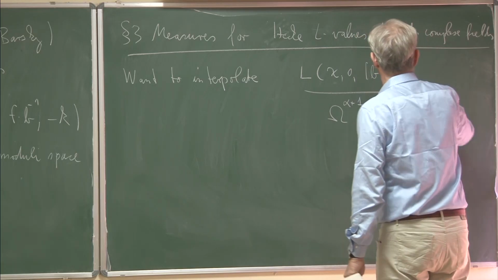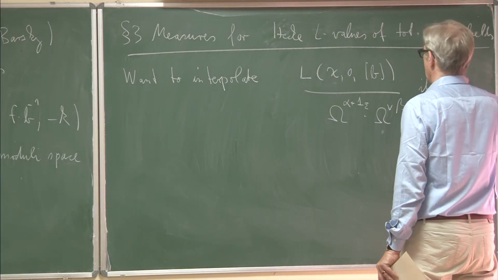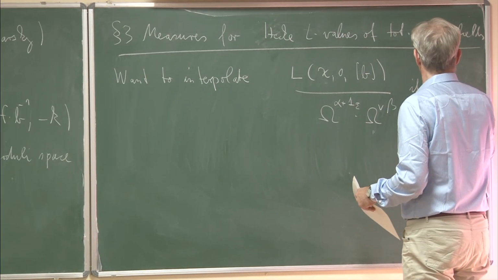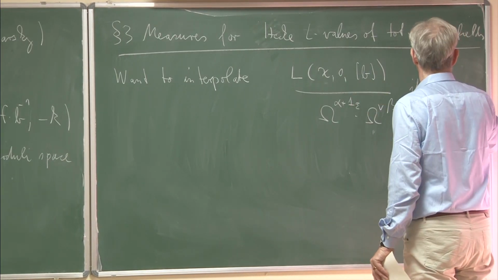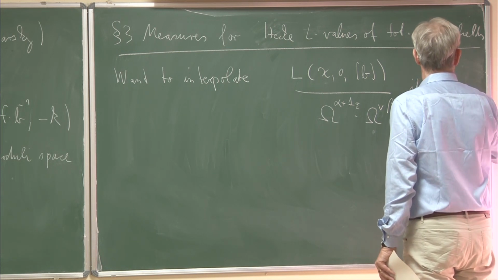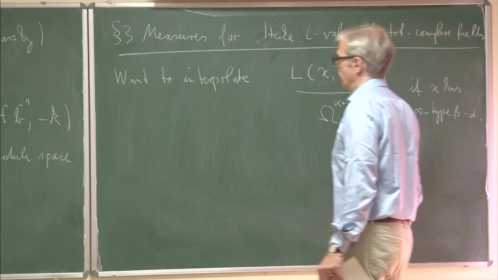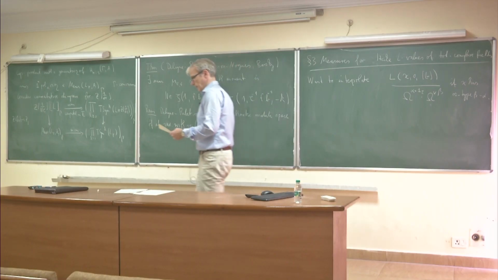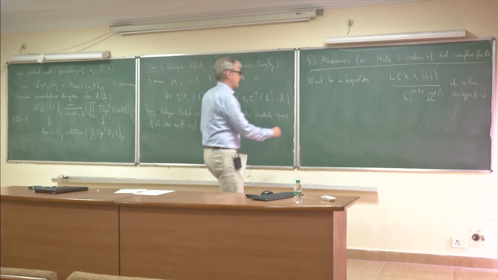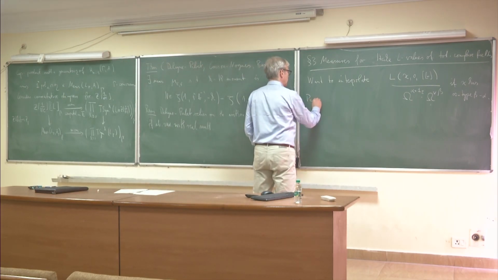So if chi has the right infinity type, beta minus alpha. And so recall the setup here from yesterday.